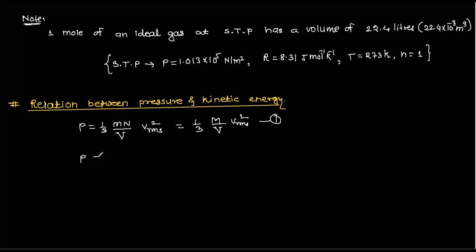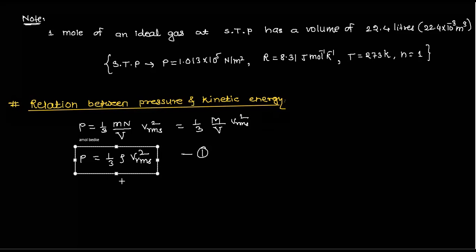Next, we are having pressure P is equal to, wait, I will give the next one after this equation number 1, not this. Okay, after this, 1 by 3 m by v you got. So m by v is what? Rho into v RMS whole square. Now you can call it equation number 1.